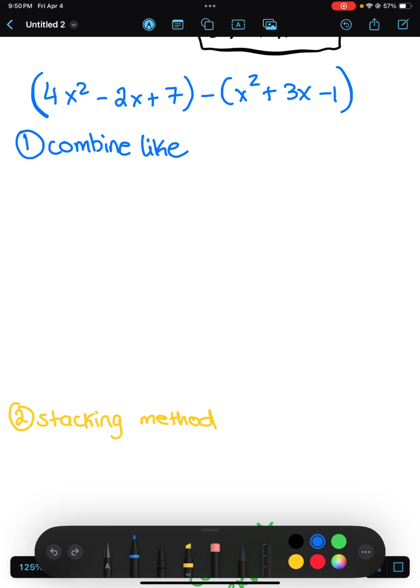So I can either do 4x squared minus 2x plus 7 minus x squared minus 3x plus 1. So do you see how I put a minus there? I put a minus here and I changed this to a plus sign.